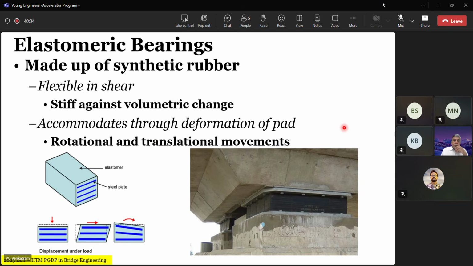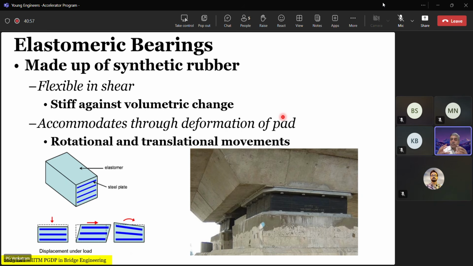Now, the elastomeric bearings nowadays, you do get natural rubber, as I mentioned earlier, but most of them are synthetic rubber. They are flexible in shear, but they are stiff against volumetric change. What does it mean? Its compression modulus is very high compared to its shear modulus.